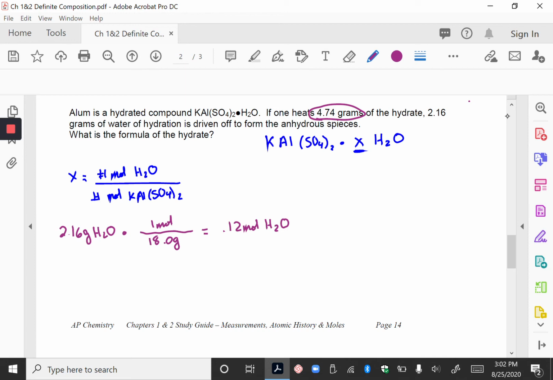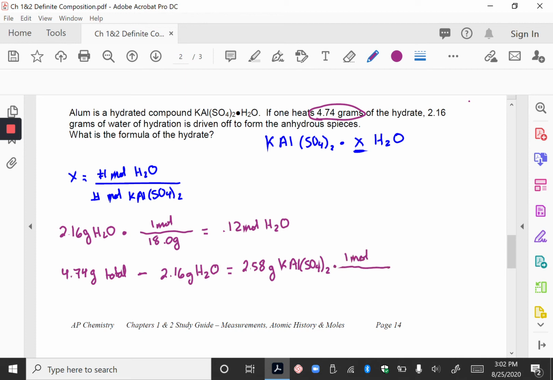So if we subtract 4.74 grams minus 2.16 grams of water, that's going to give us the mass of the anhydrous, which is 2.58. Right, because together 2.58 grams of the anhydrous plus 2.16 grams of the water, that makes up the total of the hydrate. So we're going to convert that to moles.